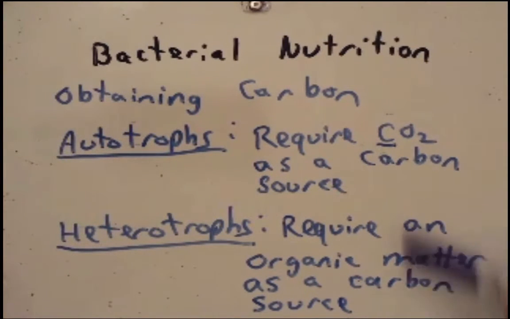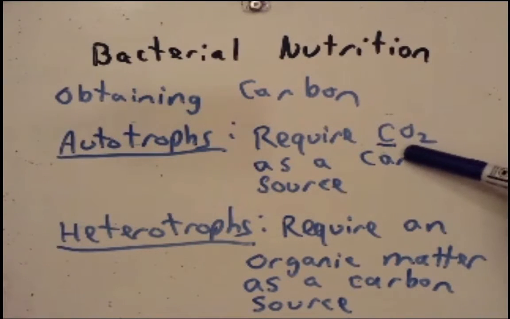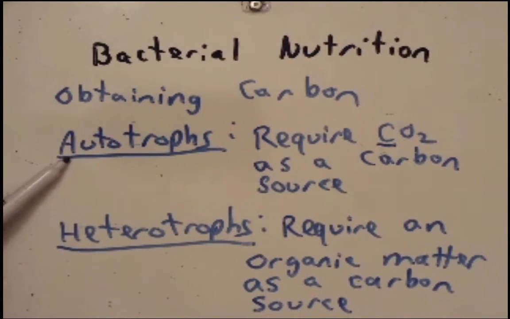So they are unable to construct larger carbon structures using CO2. They require a different source of it, whereas autotrophs can automatically make these large carbon structures.